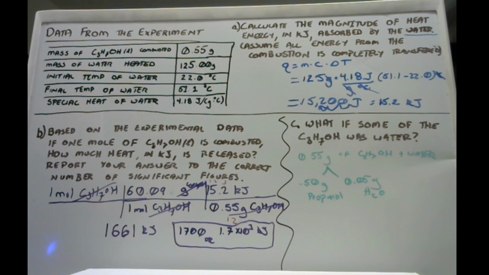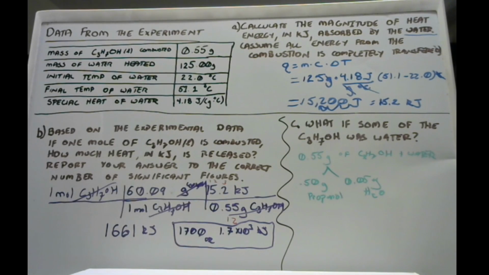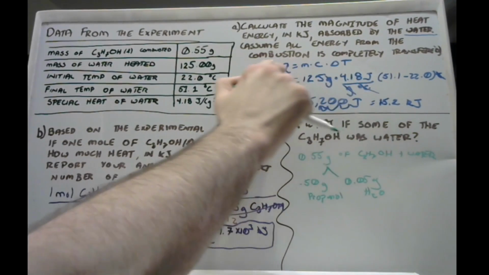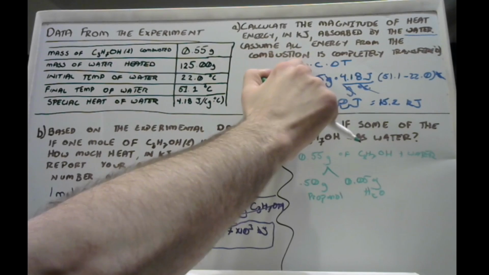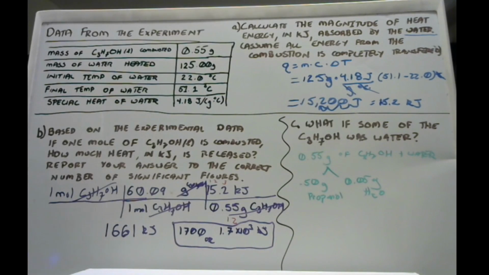And if that's the case, we release less heat, because based on our calculations, 0.55 grams gives us 15.2 kilojoules, but if we only have 0.50, we're going to get fewer kilojoules of heat released. So that will reduce the amount of heat released, which will reduce our delta T here. If this number is smaller and the mass stays the same and the C stays the same, delta T has to get smaller to compensate.